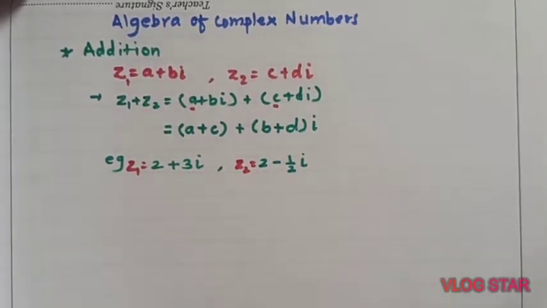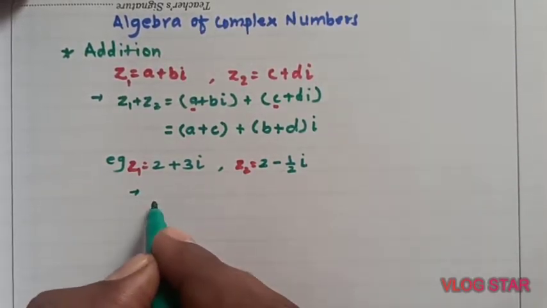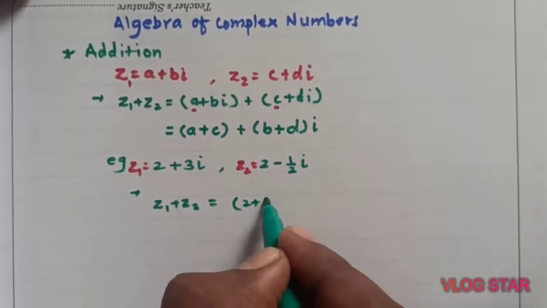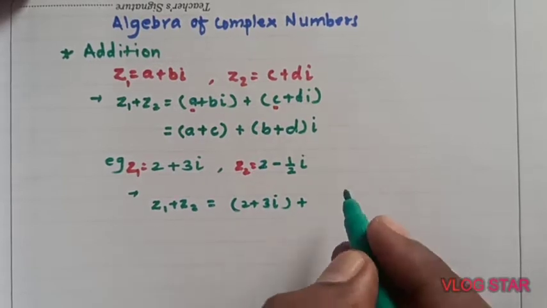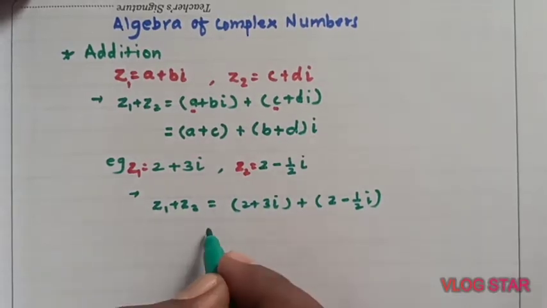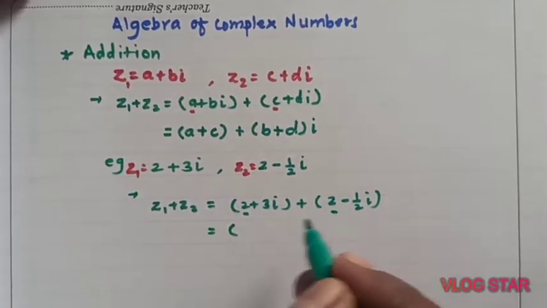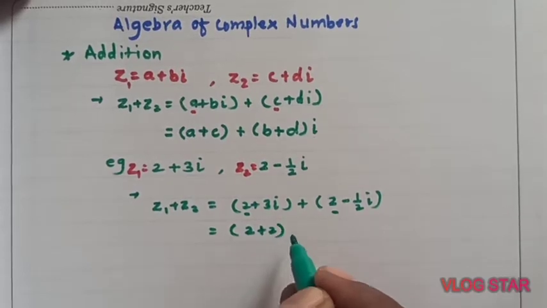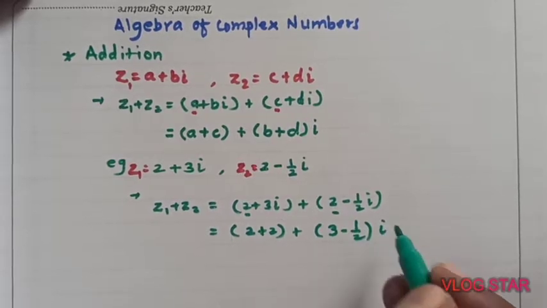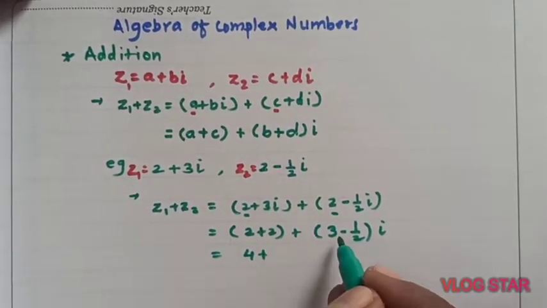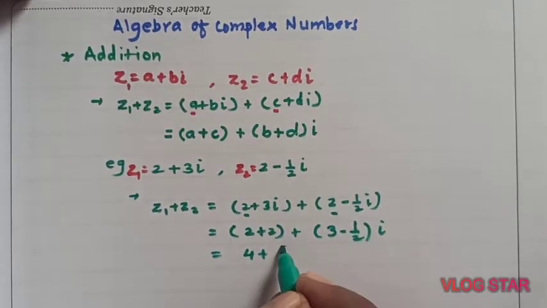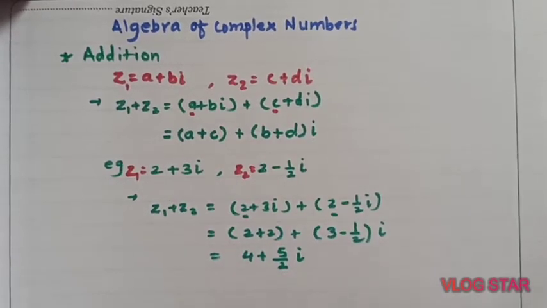So z1 plus z2 equals 2 plus 3i plus 2 minus half i. As per the rule, we take real parts together, this and this, so 2 plus 2. The imaginary part is 3 minus half i. The final answer is 4 plus 3 minus half, that is 6 minus 1, 5 by 2 i. So this is the final answer.